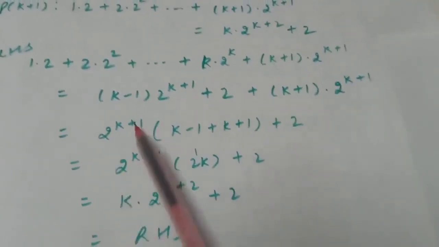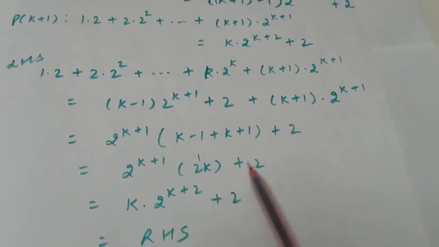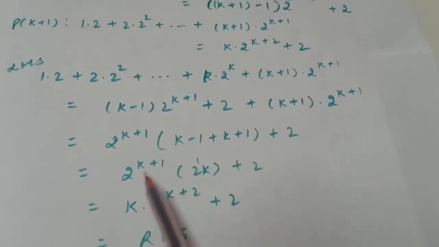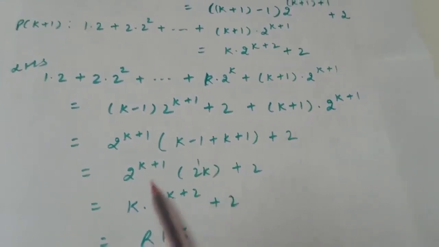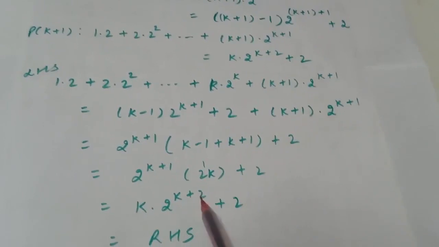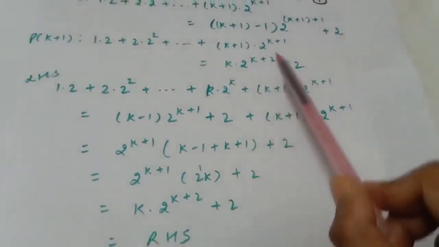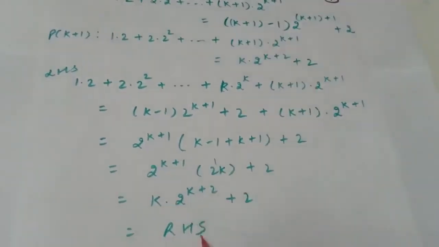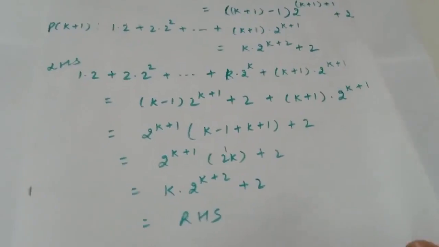So 2 raised to the power k plus 1 into 2k plus 2. Now this is 2 raised to the power k plus 1 into 2 raised to the power 1. So base is same, add the powers. So it will be 2 raised to the power k plus 2, and this k as it is, plus 2. This is our RHS only which we wanted to prove. Then after that write down the final result.